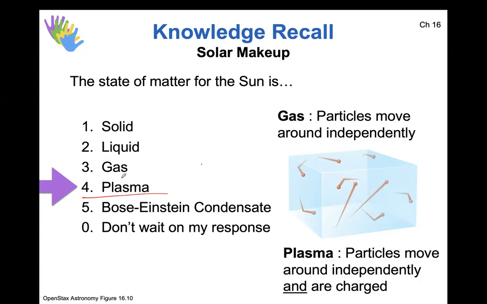Does it hold shape? Does it hold its volume? Really helpful concept. The way that we can seamlessly include plasma is to just say that all of these states of matter don't necessarily have to do with those two questions about shape and volume, but instead just have to do with how energized they are.